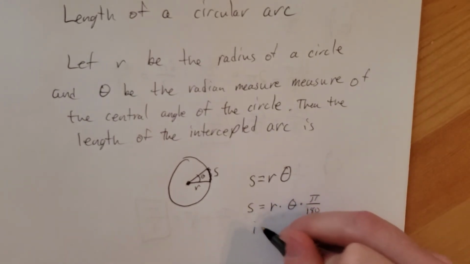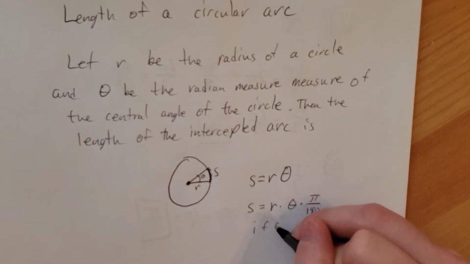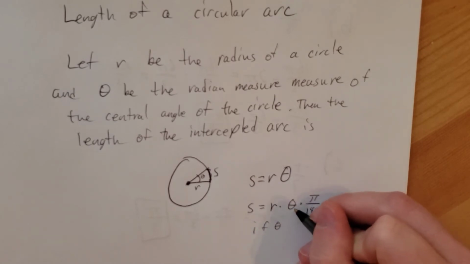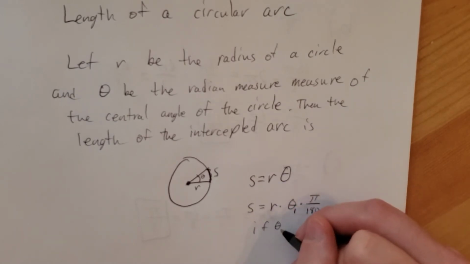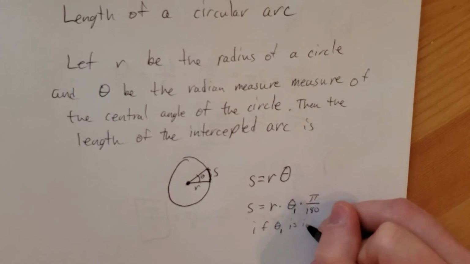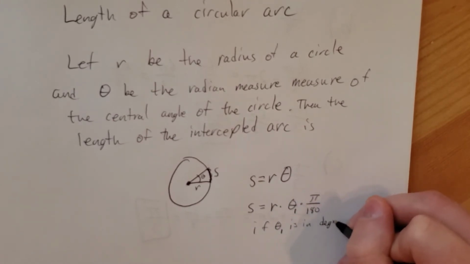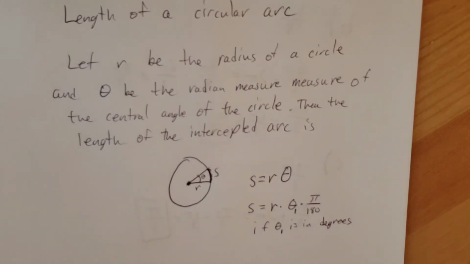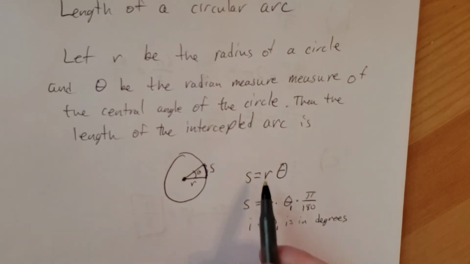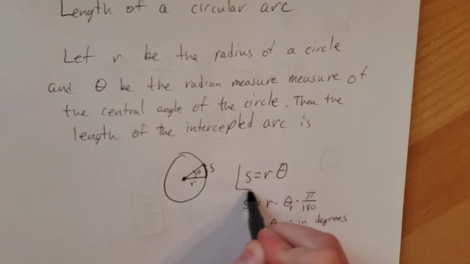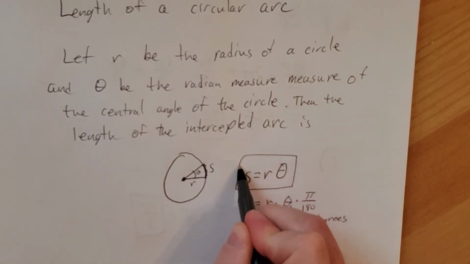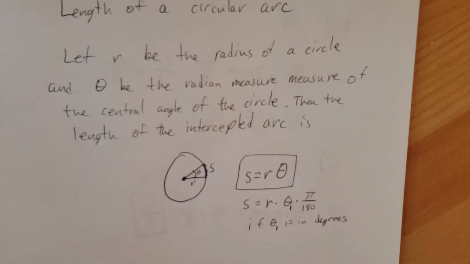And so this is the formula if theta, let's call this theta 1 to mark it differently from here, if theta 1 is in degrees. Okay. So here's our formula if theta is in radians. So if this central angle here is in radians. If it's given in degrees, then we need to also multiply by pi over 180.